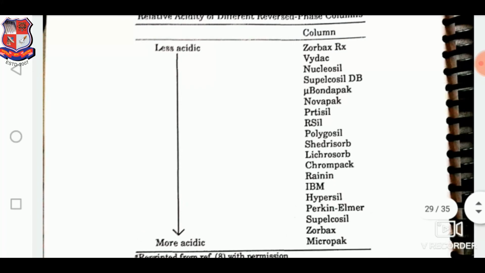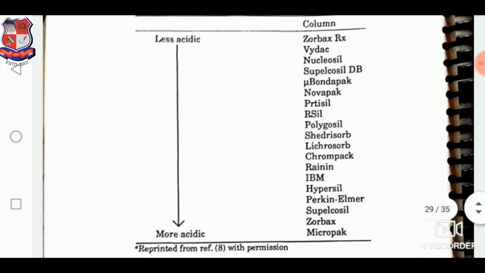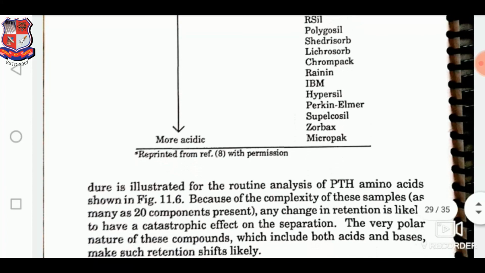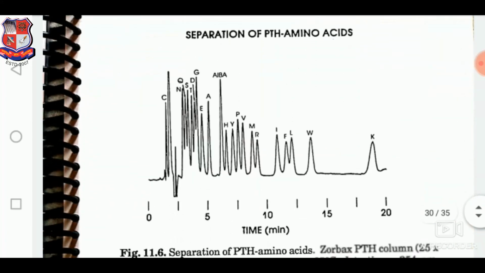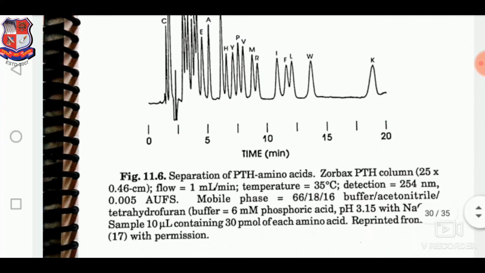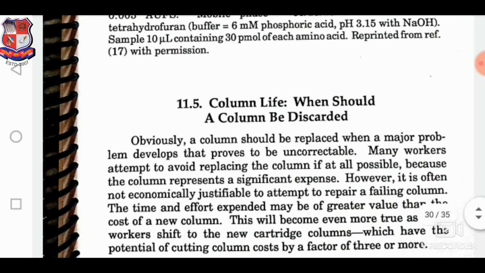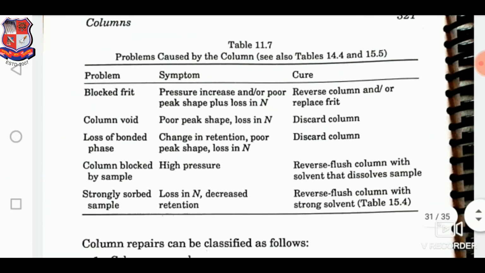So here, if we are using basic compounds and that Micropak column, then strong retention or tailing may happen due to that greater acidity. Other changes in column performance, chromatogram. When should a column be discarded? This is the text for that.